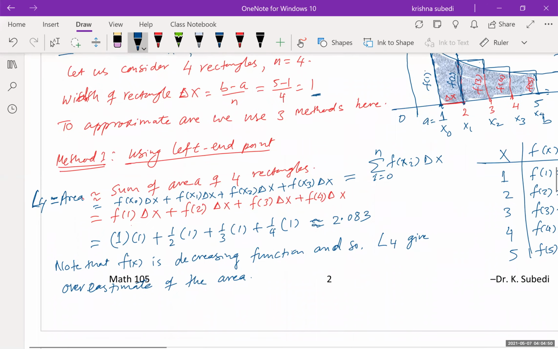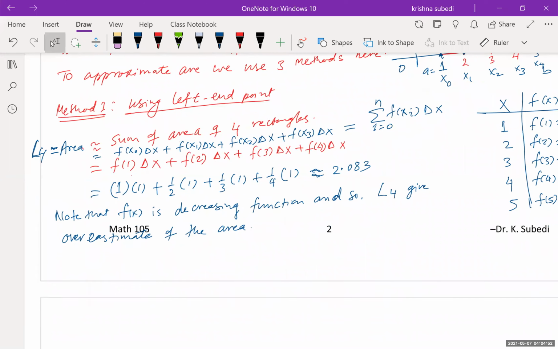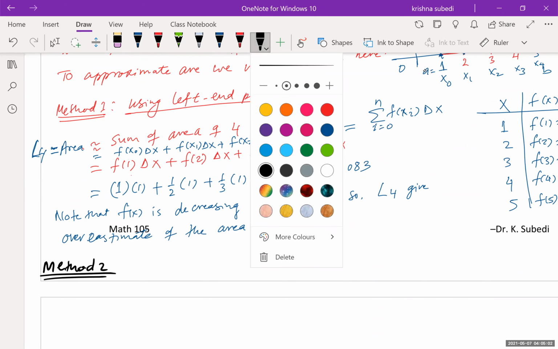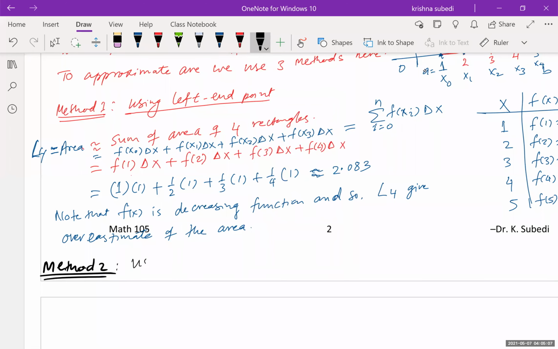Okay, now let's consider the right endpoint. So that's method 2, using the right endpoint.